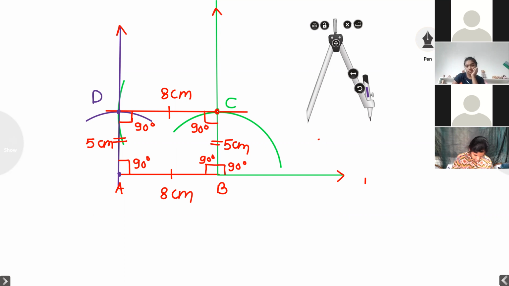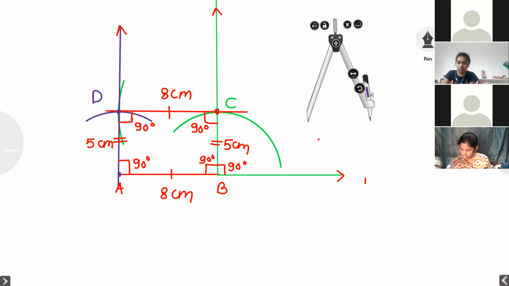Now note down step first. Step 1: Draw line segment AB equal to 8 centimeter. Students, if the question is a 2 marks question or a 3 marks question, then 2 marks will be for construction and 1 mark will be for the steps.